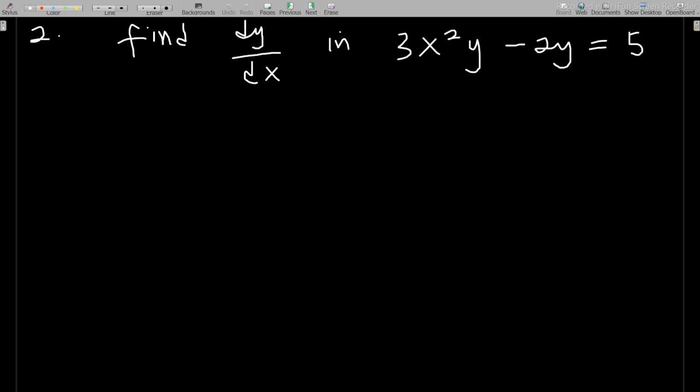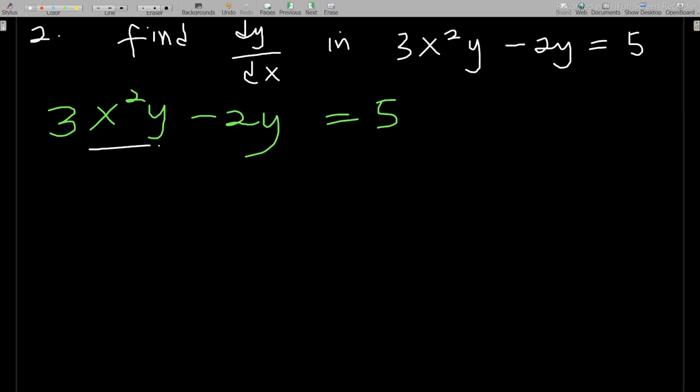Now here what we have is 3x squared y minus 2y equals 5. So what you have to do here is differentiate this, and you treat it with the product rule, because x squared is in terms of x, but y is also a function of x, so you have to differentiate the y.